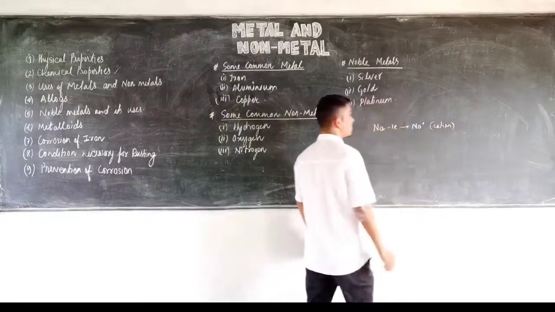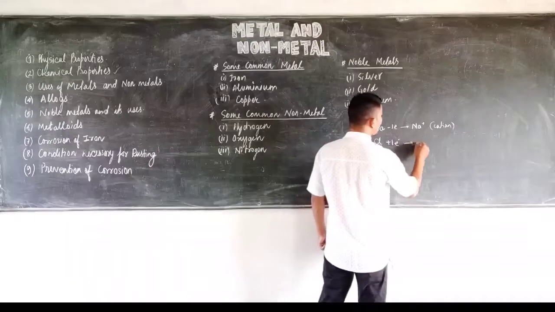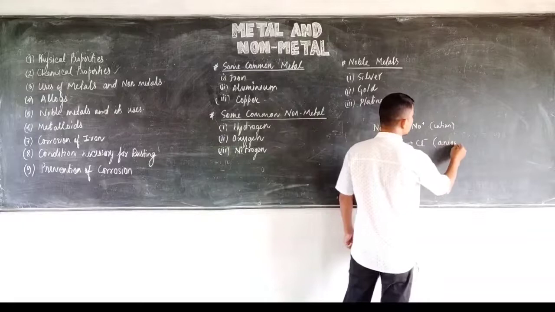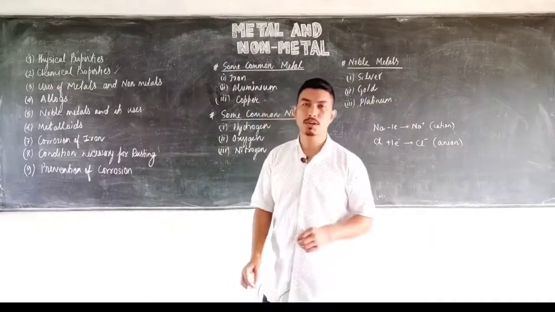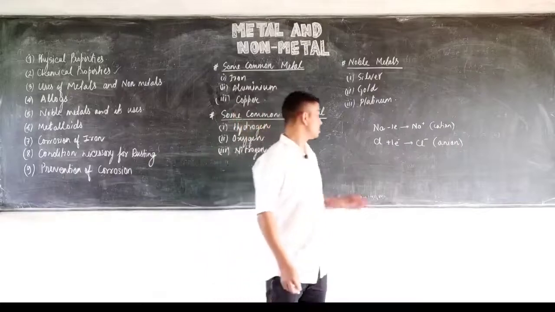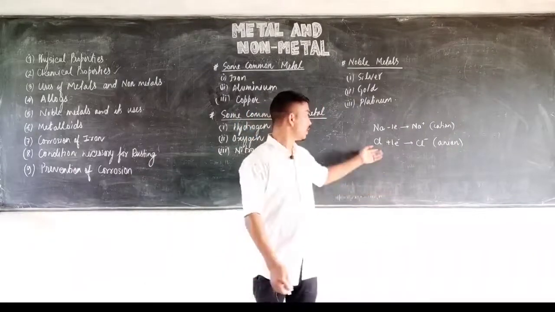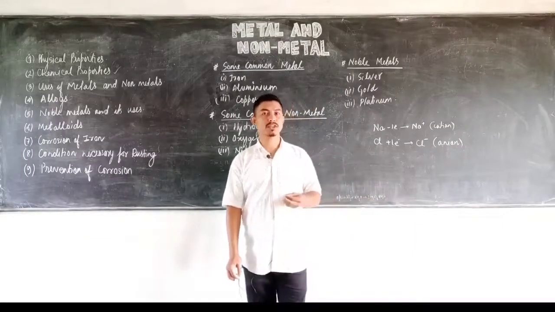And non-metals like chlorine can gain one electron and form Cl minus, which is known as an anion. So this is the basic difference in terms of chemical property between a metal and a non-metal. Metals have the capability to donate an electron, whereas non-metals have the capability to accept an electron.